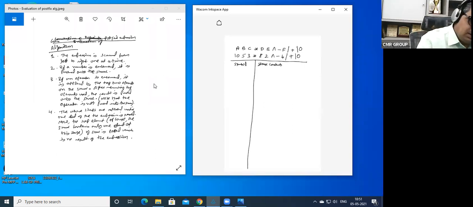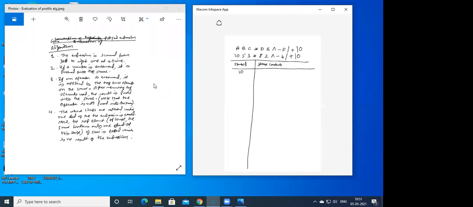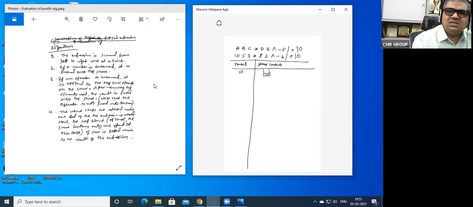I will take it in the form of a table. What is the first thing which comes? 10. Initially the stack was empty, now 10 is at the bottom. What comes next? 5. 5 is also an operand, so it is pushed in.